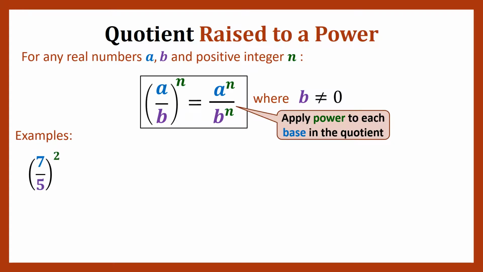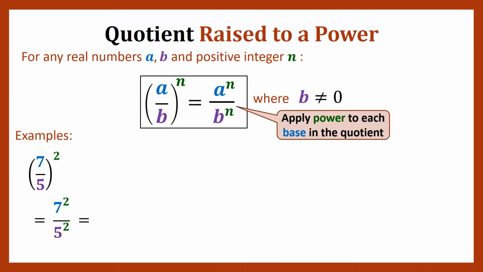Suppose we have the quotient 7 divided by 5, and this quotient is raised to the power of 2. Using the quotient raised to a power rule, this is equal to 7 raised to the power of 2 divided by 5 raised to the power of 2.